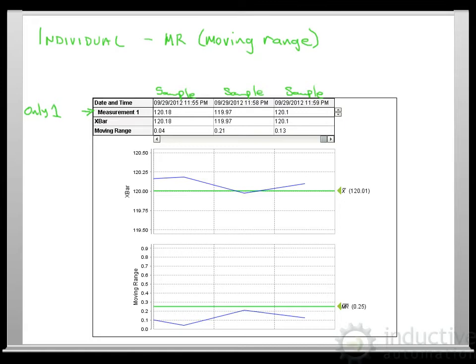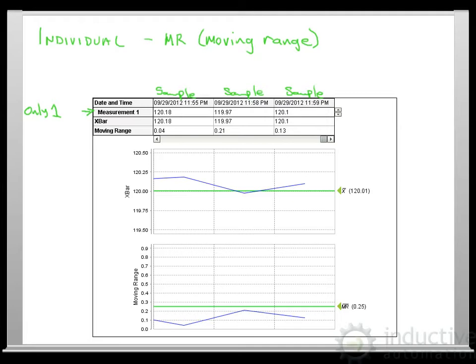It's invalid to put multiple measurements in an individual chart by its definition. And as I describe how the individual chart works, you'll see why we have an individual chart and why it only has one measurement.